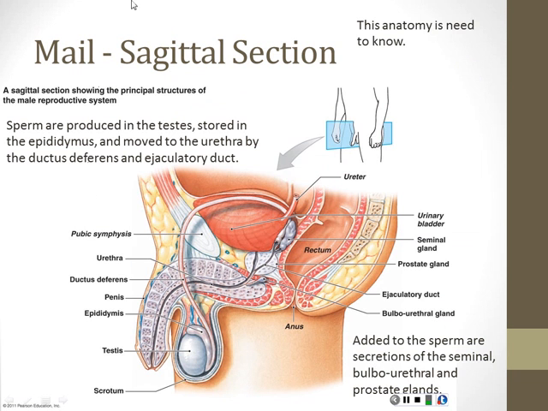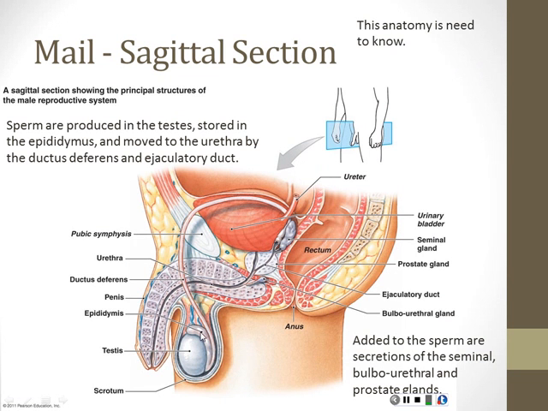When we look at the anatomy here, this is a sagittal section, so a cut down the midline. I said this anatomy is all need to know. This is a pretty good diagram, and the reproductive system is actually pretty easy to see in the sagittal section for both male and female. It's kind of a weird cut, but you can see everything that way. We have the scrotum here with the testes inside.